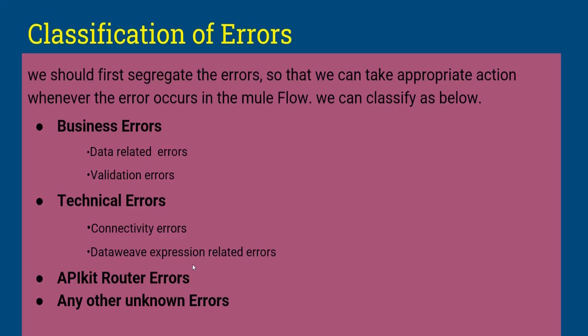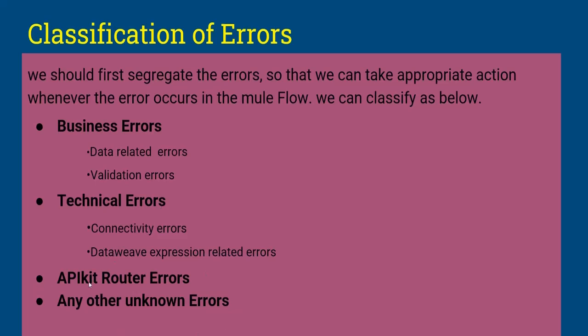We have not yet covered the actual DataWeave session as of now, but we have used some DataWeave expressions, like while reading the URI parameters and while displaying the payload. We have used some syntax, right? attributes dot queryParams dot the query param names and so on. If you made any mistake in that DataWeave expression syntax, it will throw an error while running the code. Those types of errors are nothing but technical errors.